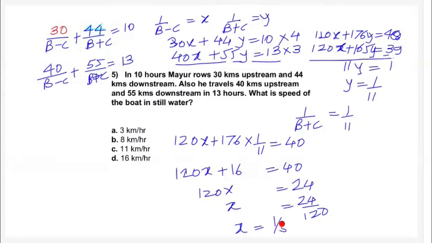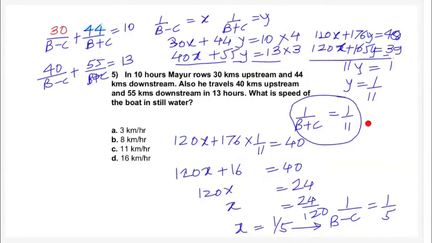But what is X? X is 1 upon B minus C, so 1 upon B minus C is equal to 1 upon 5. And 1 upon B plus C is equal to 1 upon 11.